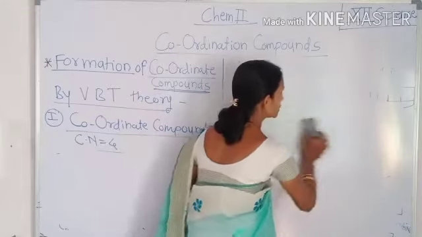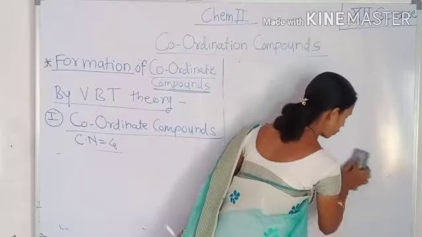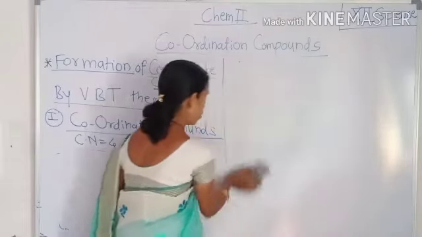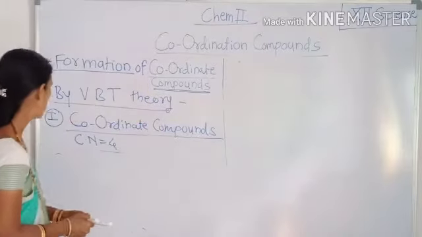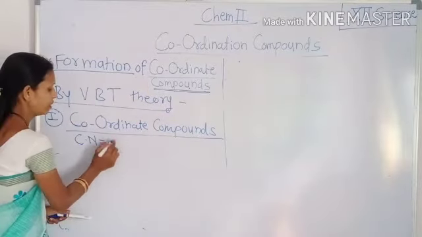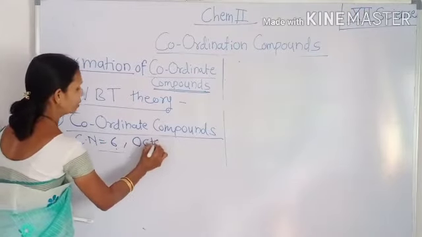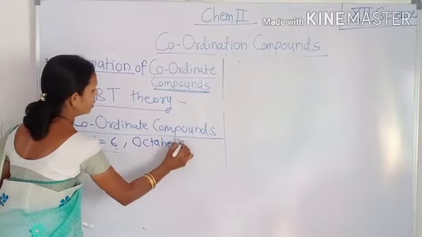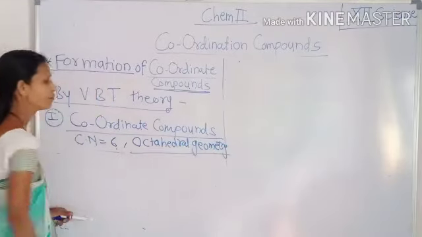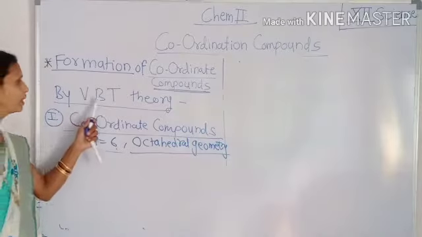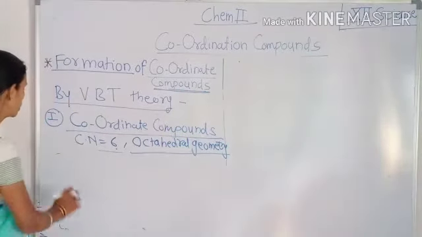Then we will study a few examples of coordinate bond formation having octahedral geometry. First of all, see here the coordinate compound having octahedral geometry. Formation of this compound takes place according to the VBT, that is valence bond theory.